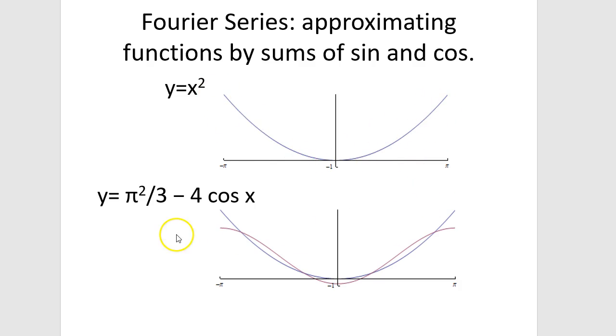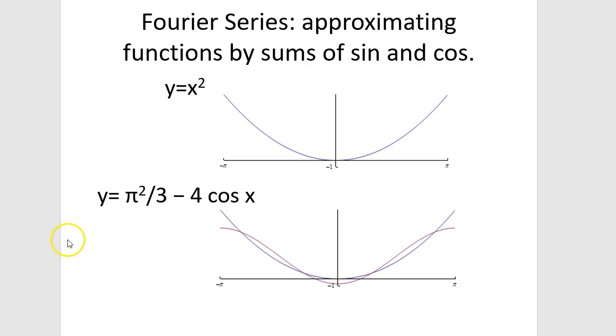And then if you draw the graph of y equals pi squared over 3 minus 4 cosine x, then you have the following graph, this purple graph here, which is very close to the graph of y equals x squared. Now you may not be so impressed because the shape of the graph doesn't look anything like y equals x squared.